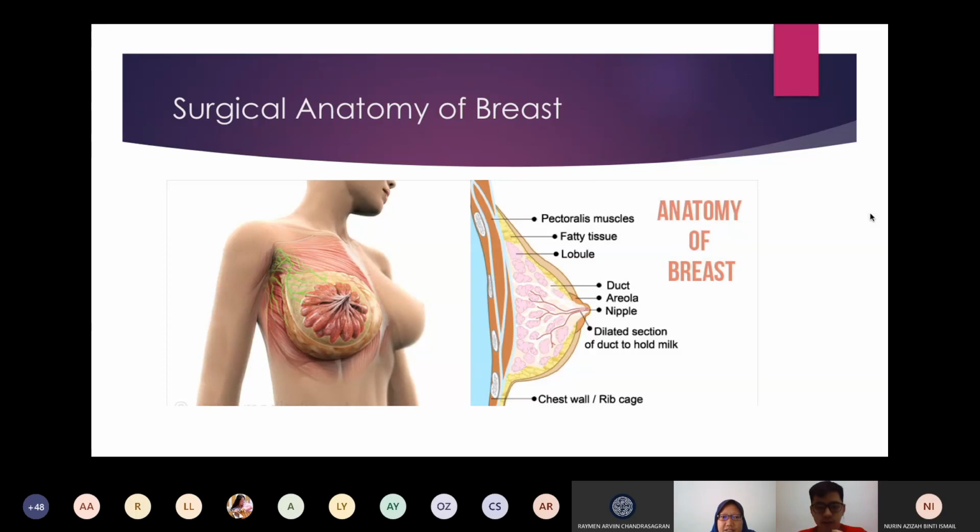The axillary tail, can you see from the structure here? Your breast extends toward the axilla. So your breast tissue extends towards the axilla. It means that anywhere within the breast tissue, there is a risk you might develop a breast lump, breast cancer, or anything. Even if you have an accessory breast, it is actually in the axilla.